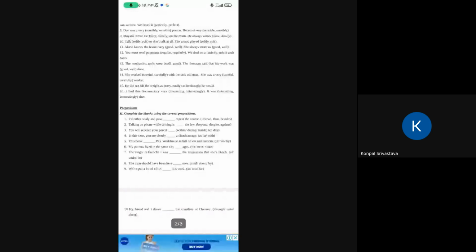So to show that, I used at 5 p.m. So at is mostly used to show the specific time, like the dot time. In is usually for seasons, which means to refer to a period of time, right? And the other specific one is on, which is usually used with days and dates, right? So these kinds of differences exist between in, on, and at in terms of prepositions of time.